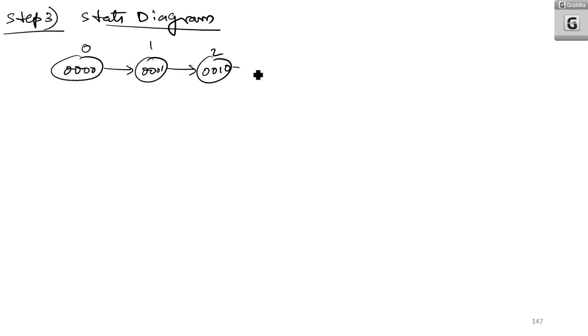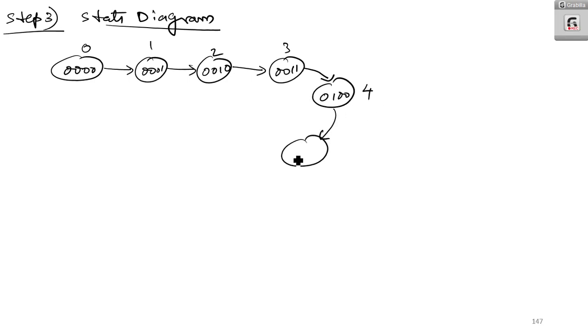Now comes 3, that is 0011, 3. Then 4, that is 0100. Then 5, that is 0101. Then comes 6. That is 0110, that is 6. Then comes 7, that is 0111, that is 7.